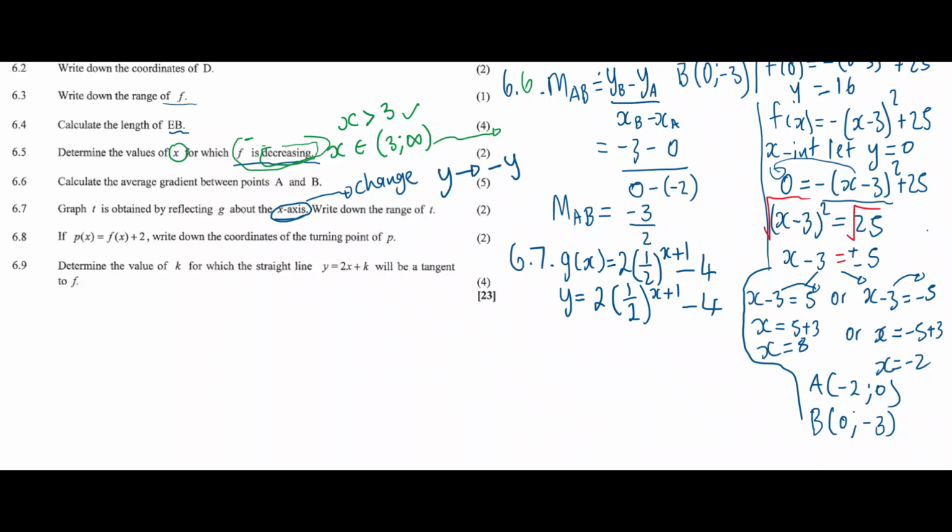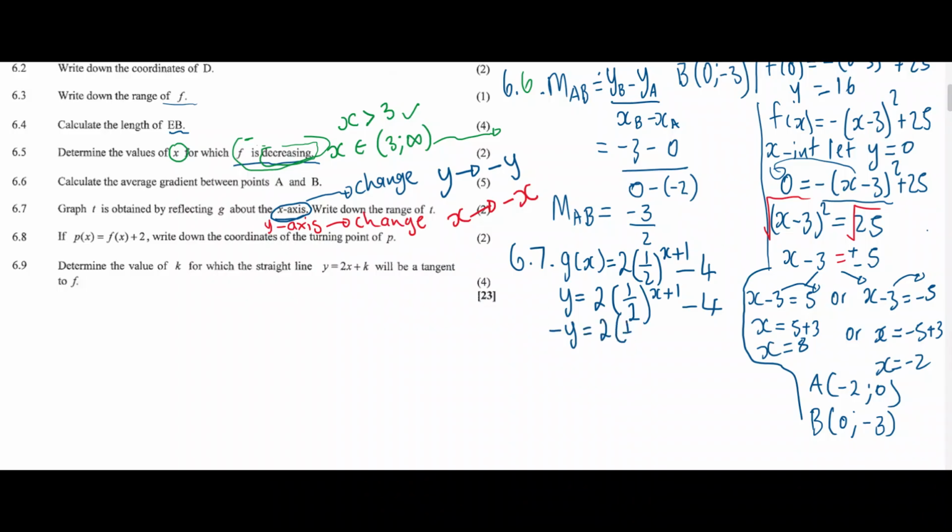That's one thing you have to do, of course. But if you're reflecting this about the y-axis, hope you guys are taking notes there, because this is in the book and you have to remember this. You will change x to minus x. So everywhere you see x in the function, you will replace x with minus x, right?